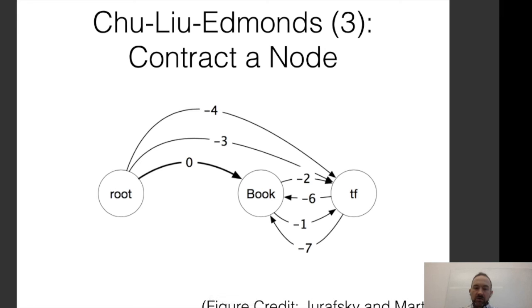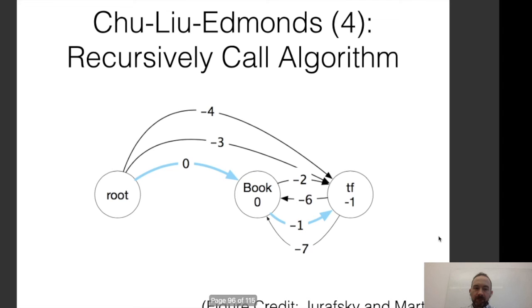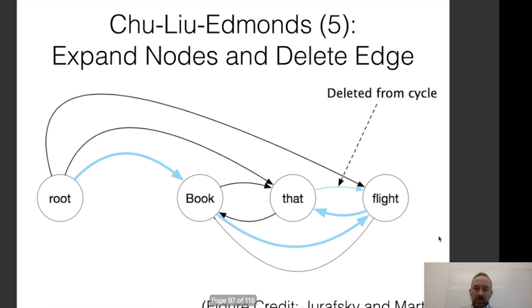We contract the node into that flight here. We recursively call the algorithm. And then we expand the edge and we delete the edge that would have been conflicting with the recursively called algorithm here. And we get this final tree. So anyway, this is an algorithm that we can apply to graphs to get the best scoring spanning tree.